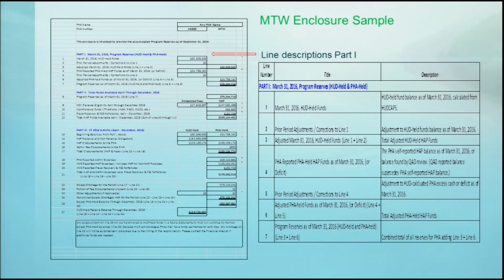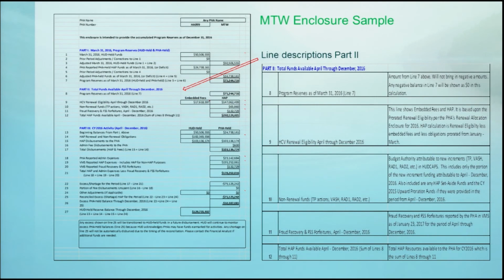Part 1 of the MTW enclosure calculated program reserves as of March 31st, 2016. The starting balance is PHA self-reported and confirmed, or balance is determined at QAD review. Part 2 will calculate the total funds available from April through December 2016. It also includes embedded fees for legacy MTW PHAs that have them.